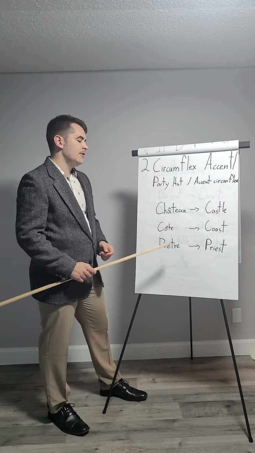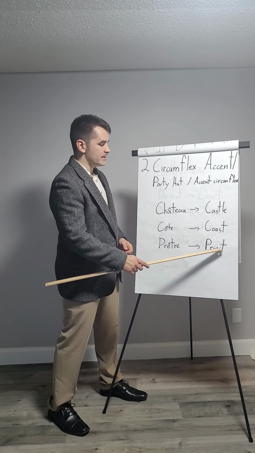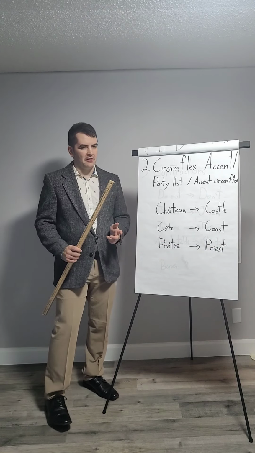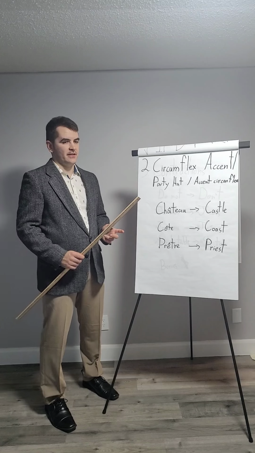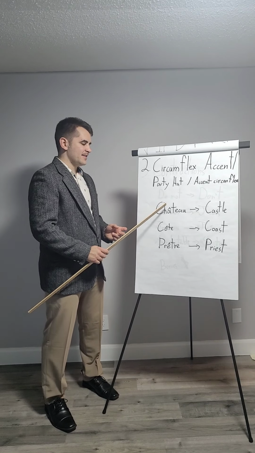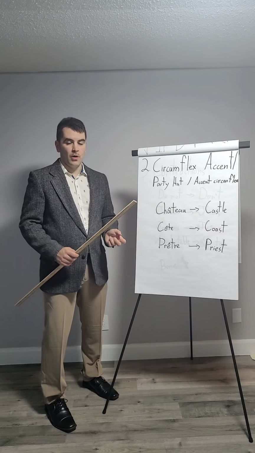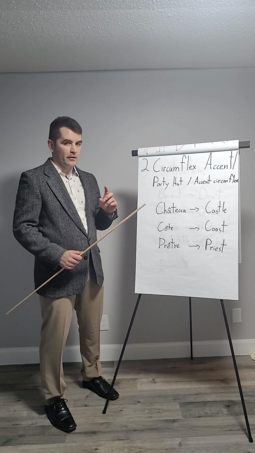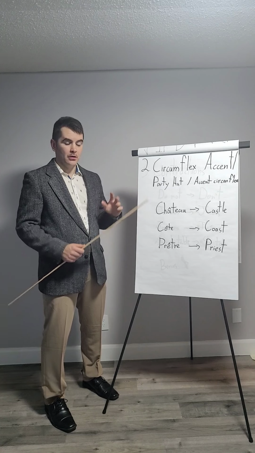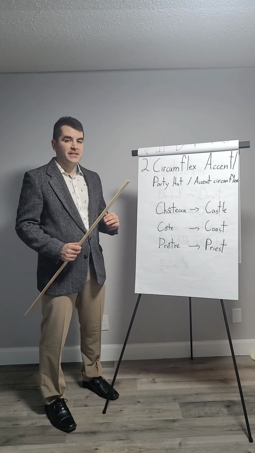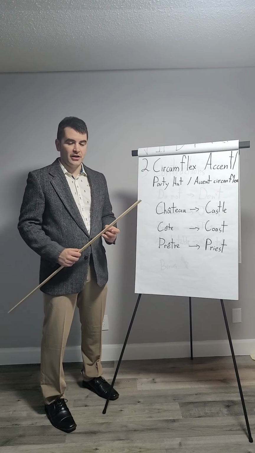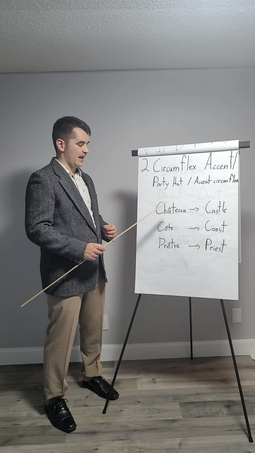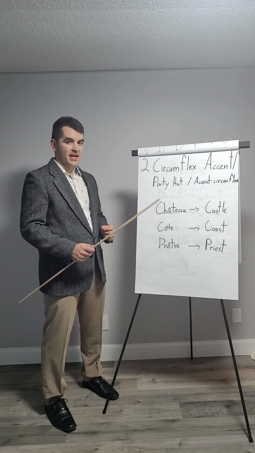And then finally, for prêtre, we have priest in English, once again with the S. So interestingly enough, at one point in history, the circumflex accent in French represented the sound S. There are a few exceptions to that rule, but for the purposes of learning Canadian French, let's just say that at one point, the circumflex accent represented an S sound.